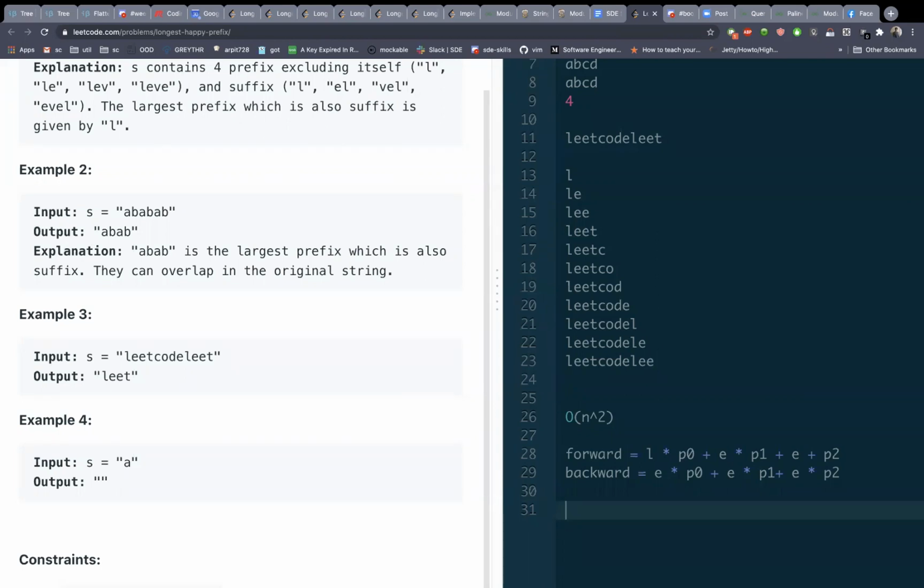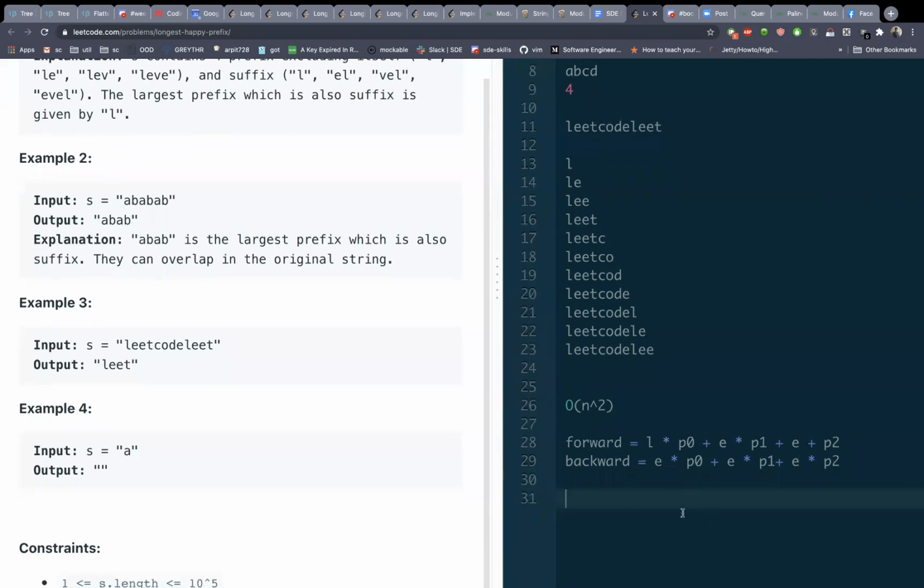Why is it starting from E? Forward is okay. Yeah, sure. Say if our I is 0, what we need to do is check, say, the prefix of 0 to 2, whether this prefix is also the suffix or not, and I have the hash of this which I am calling forward.